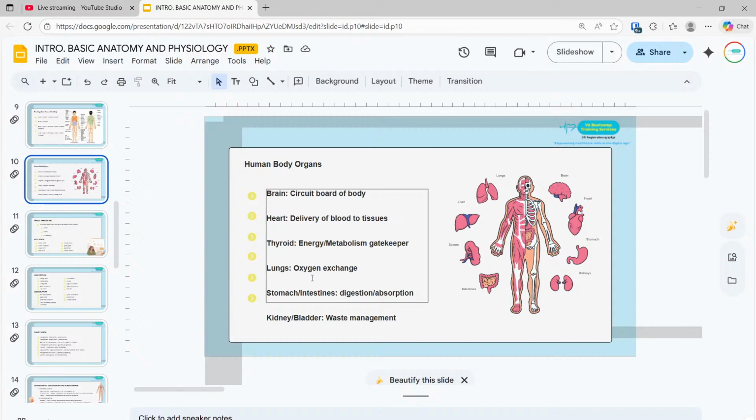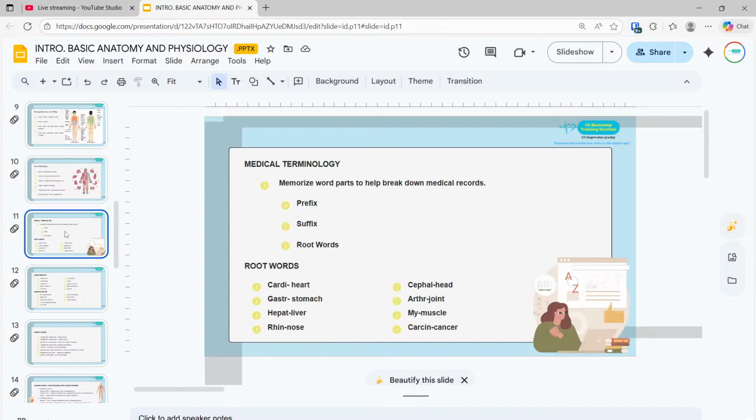The lungs are for oxygen exchange. The stomach and intestines are for digestion and absorption. And then the kidney and bladder are for waste management. Okay, so these items are for the physiological functions of each organ of the body.